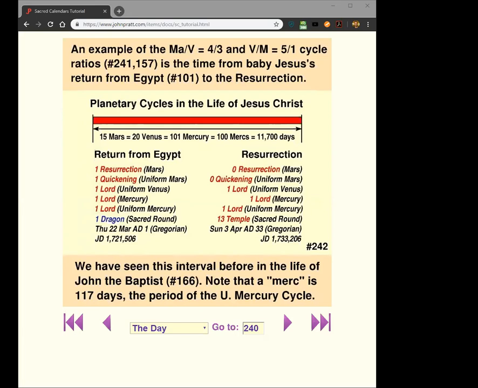Now, there's another way to look at this whole trip: leaving the womb of Egypt. Egypt is kind of like a womb. Israel had to go down to live in Egypt for 300 years. They often say 400, but it's really 300. And it's like a gestation period.